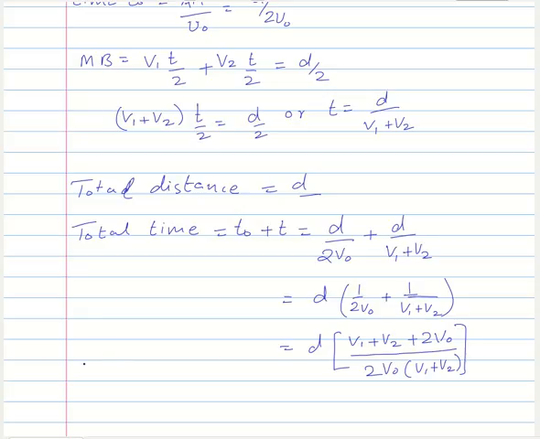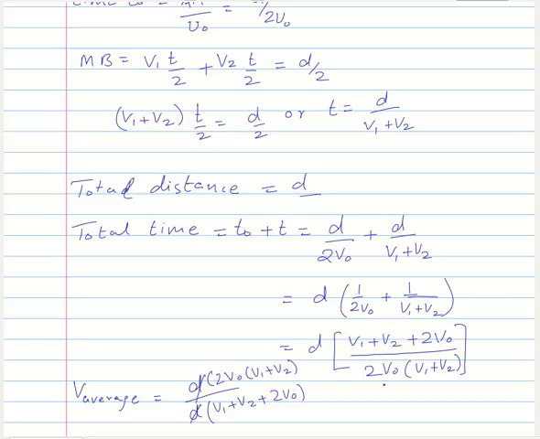So v average is equal to d divided by d times v1 plus v2 plus 2 v naught, and this expression will go in the numerator, which is 2 v naught times v1 plus v2.